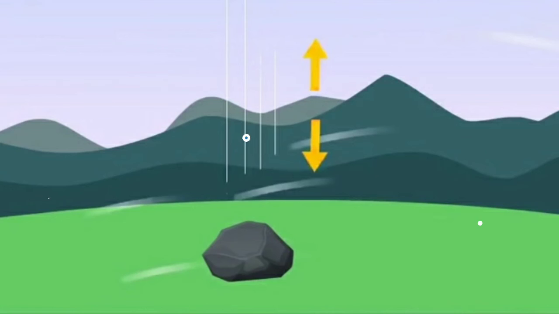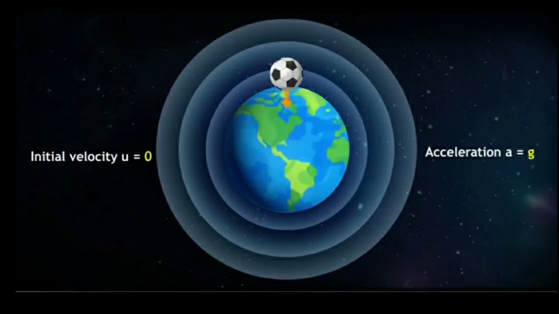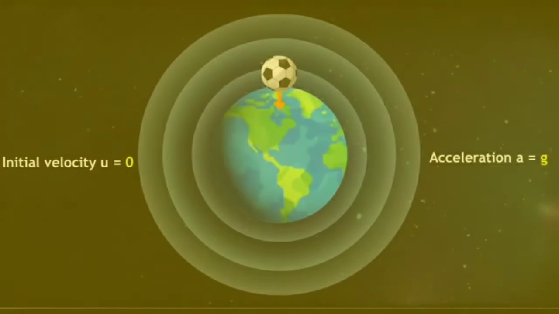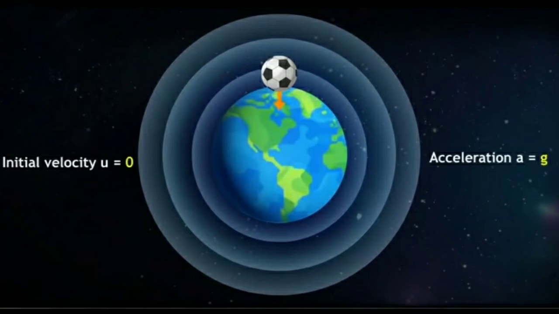For a freely falling object, the velocity on reaching the earth and the time taken for it can be calculated by using Newton's equations of motion. Children, this Newton's equation of motion we have learnt in our 9th standard. Okay, so for free fall, the initial velocity, that is u, is 0, and the acceleration, that is a, is g.